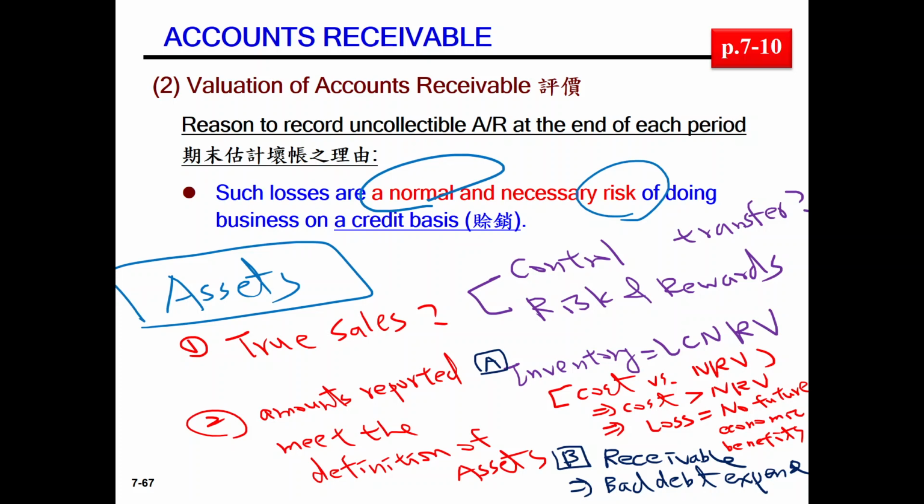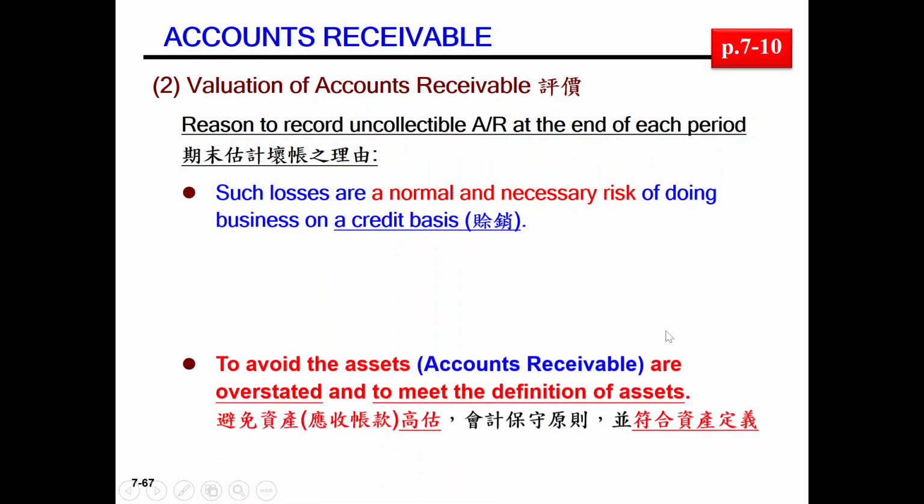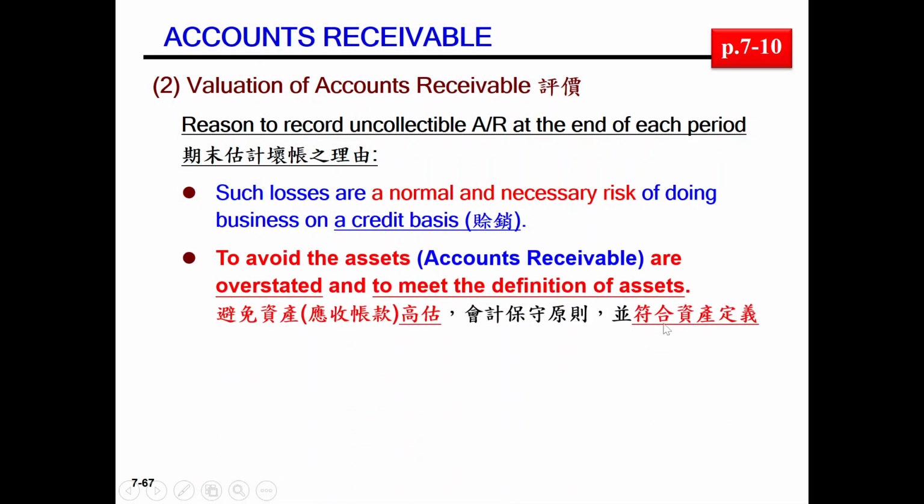No questions? So here I told you why we do that. Because we want to meet the definition of assets. Okay? Because for that part, overstated, it has no future economic benefit. So for this part, with no future economic benefit, we don't want to record it as assets.